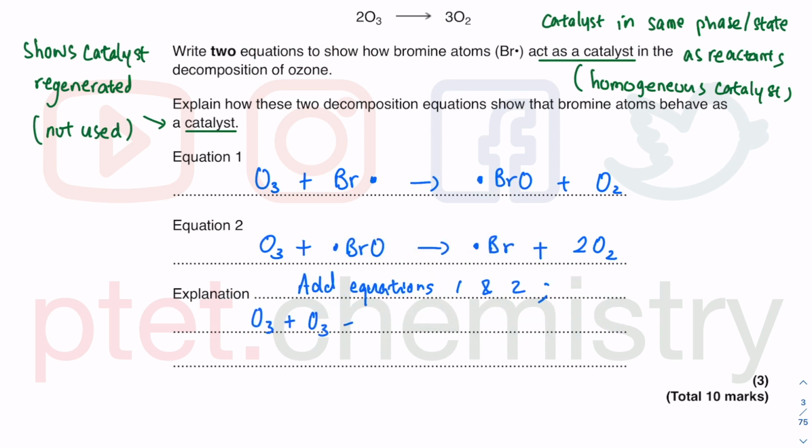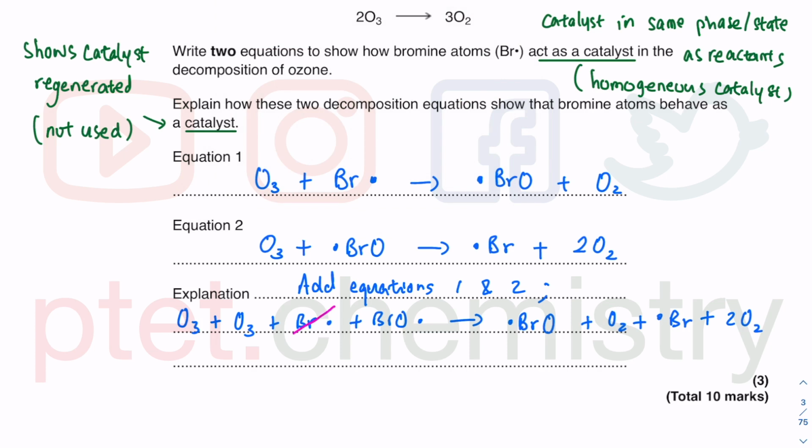O3 plus O3 plus Br dot plus BrO dot, and that's going to give me my right side, adding the left equal to the right being added together. So what I get is BrO dot, oops, I should write exactly how it appears on the right side, plus O2 plus Br dot plus 2O2. I'm going to team up the stuff that appears on both sides.